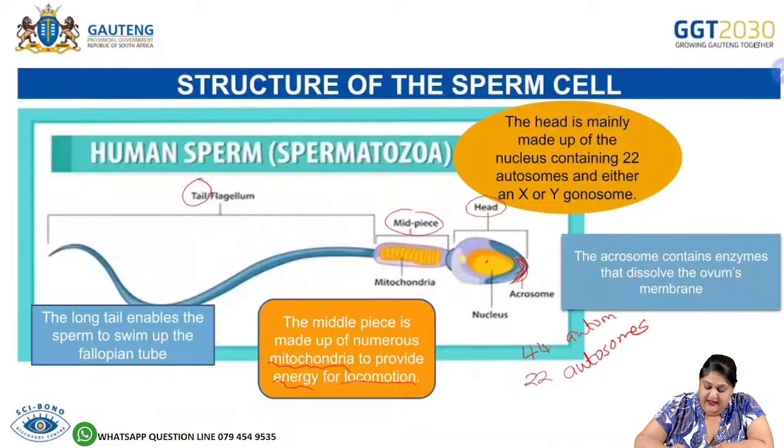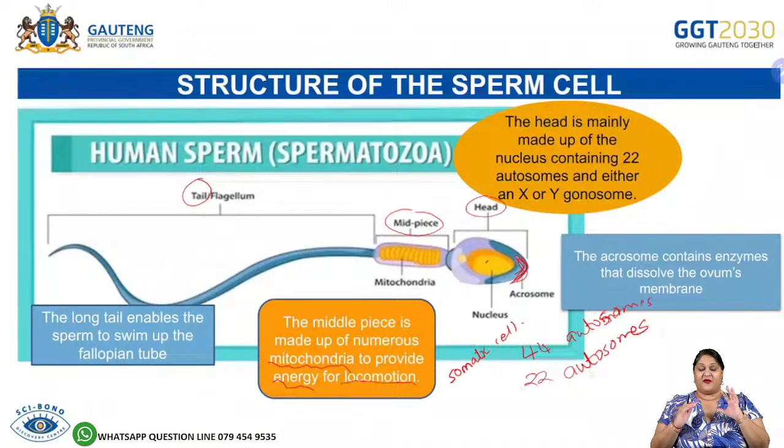But now we are looking at a somatic cell: 44 autosomes. Sorry, I can't spell all of a sudden. And then we have 22 autosomes. Now, remember that we said there are 23 chromosomes in total.